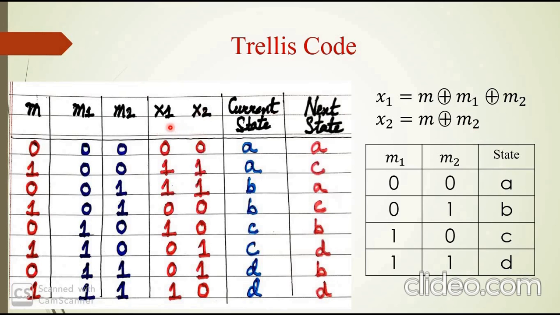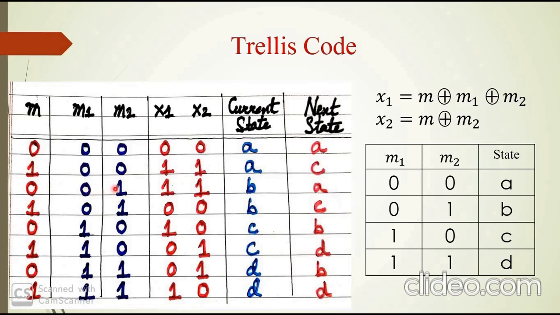So x1 will be 0 for this, because M, M1, M2 all are 0, and x2 is also 0. And for this case, 1 0 0, x1 is addition of all 3 bits. So x1 will be 1 and x2, that is M plus M2, will be 1 plus 0, 1 also. So x1 and x2 are 1 1 here.